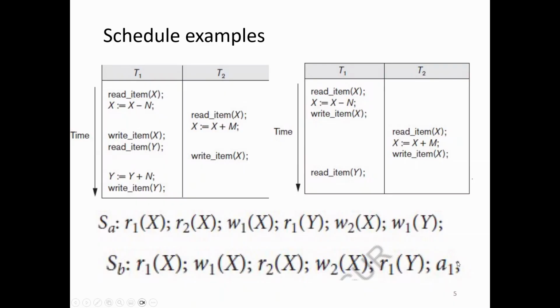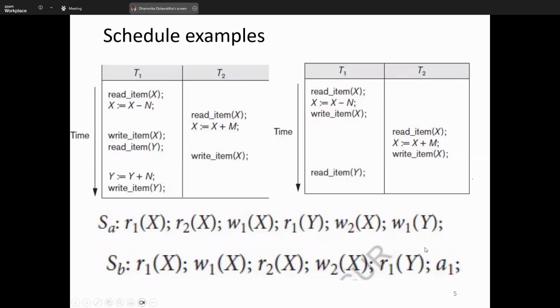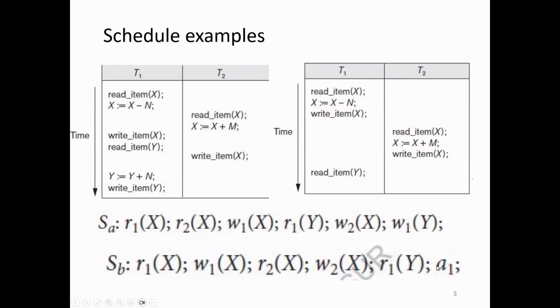So the T1 transaction is aborted, right? Aborted by transaction T1, because we mention read, write, abort, and commit in a particular schedule, right? Read, write, abort, and commit.